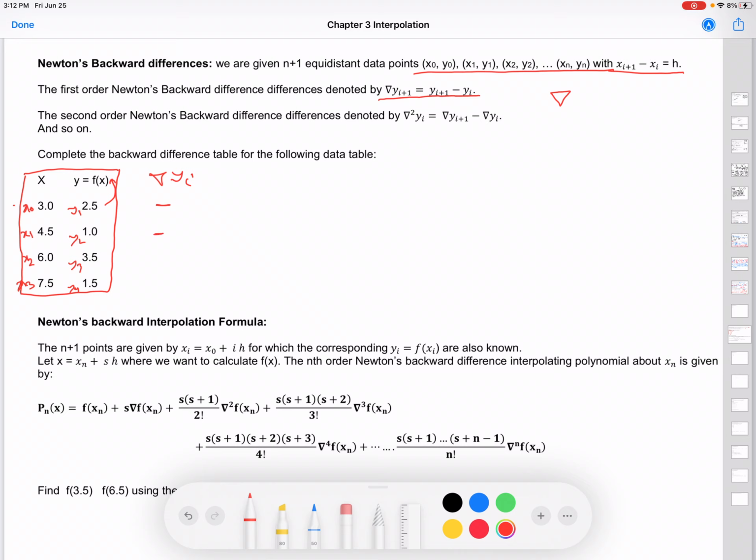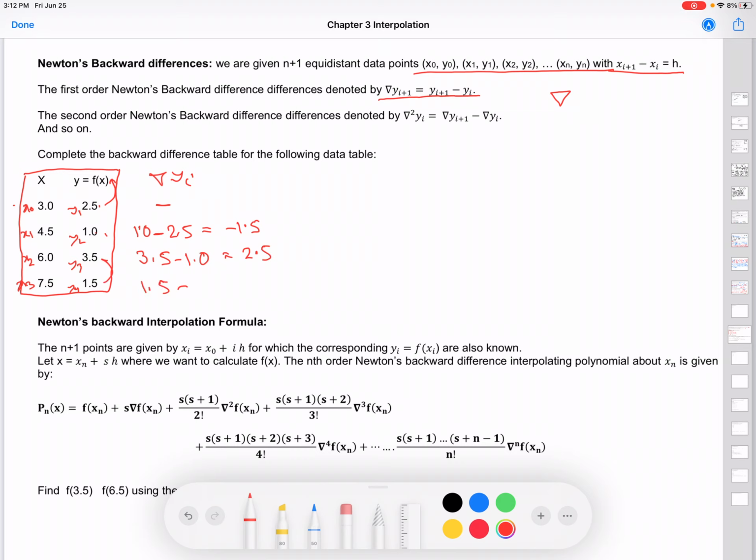If I am here, current value minus backward value is 1.0 minus 2.5, which is negative 1.5. If I am here, current value minus backward value is 3.5 minus 1.0, which is 2.5.